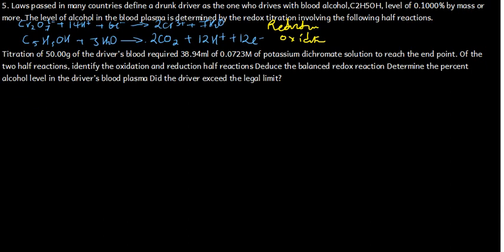Now the other question asks, deduce the balanced redox reaction. Look at these two reactions. This one has 6 electrons, and the other one has 12 electrons.